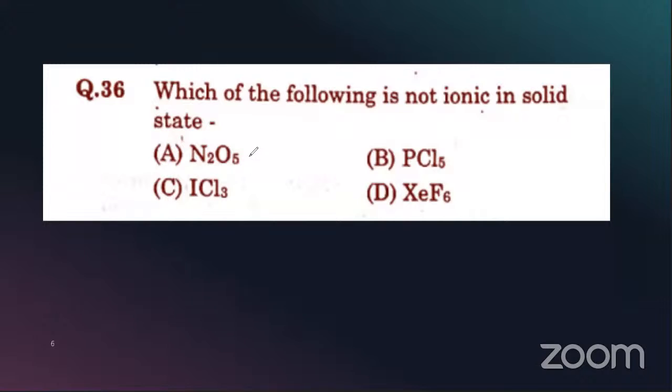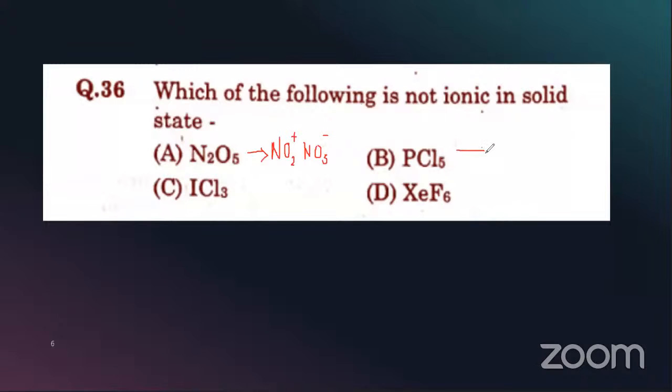This one is made up of N2O5, and we have NO2 plus and NO3 minus ions. So this is definitely an ionic solid because it is made up of these two ions.